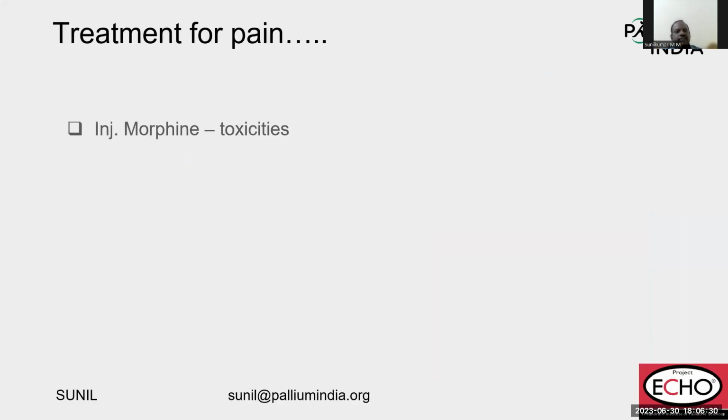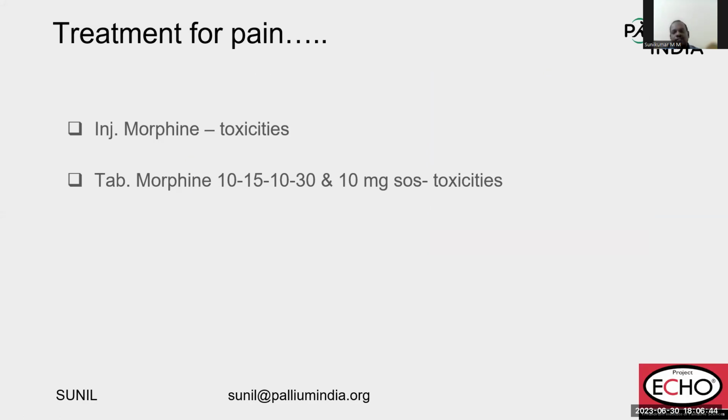Then they gave him injection morphine, but it produced toxicities. Then they started him on tablet morphine like this: 10, 15, 10, and 30. It's only 4 times with 10 milligram SOS. And you can see they were trying to titrate the dose to reduce the toxicities. So probably that's why this patient was on morphine 4 times.